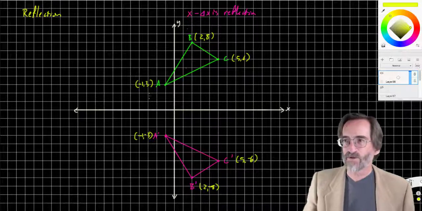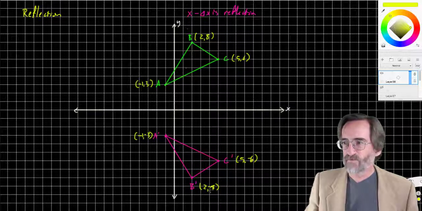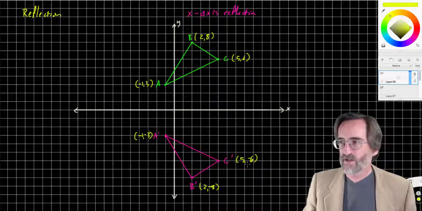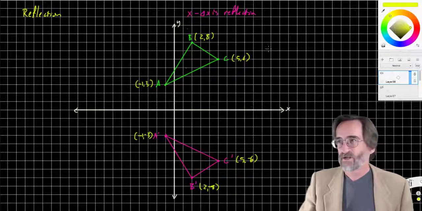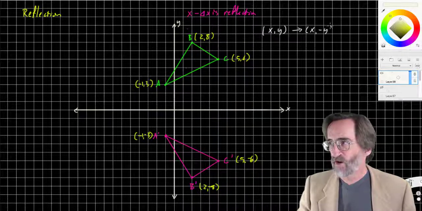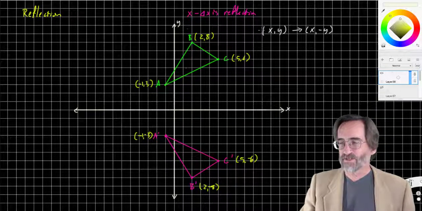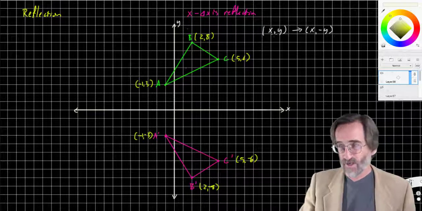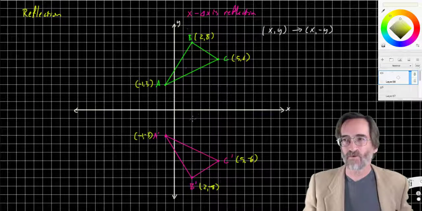Look at the coordinates. -1, 3 became -1, -3. 2, 8 became 2, -8. 5, 6 became 5, -6. Notice all the y's changed signs. So for an x-axis reflection, here's the rule. x, y becomes x, -y. To find an x-axis reflection, change the signs on the y's.